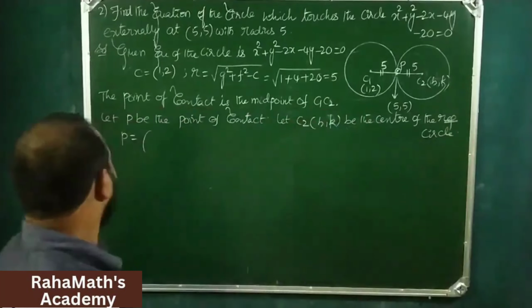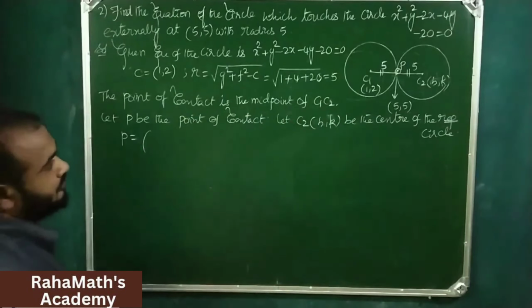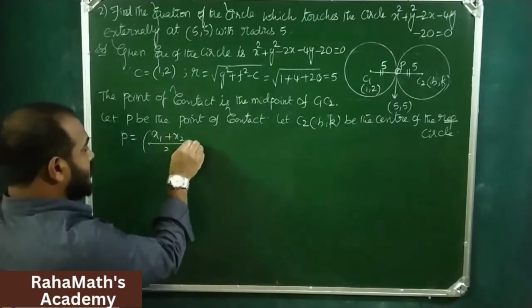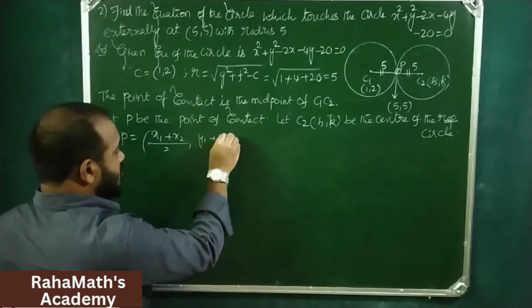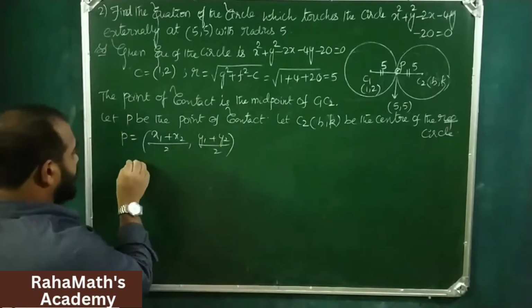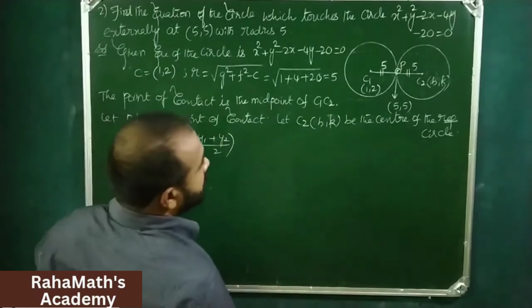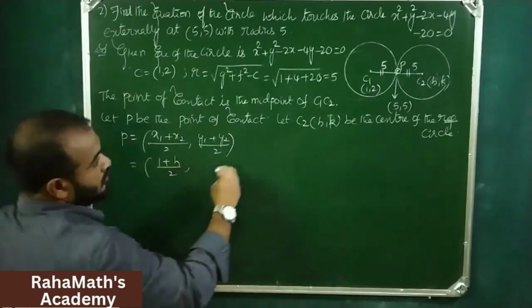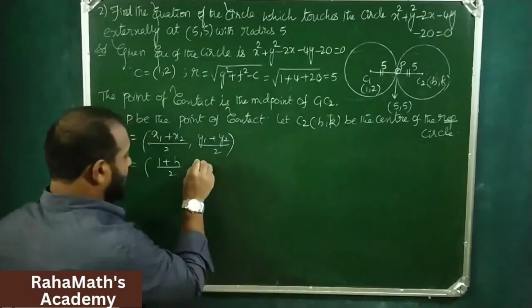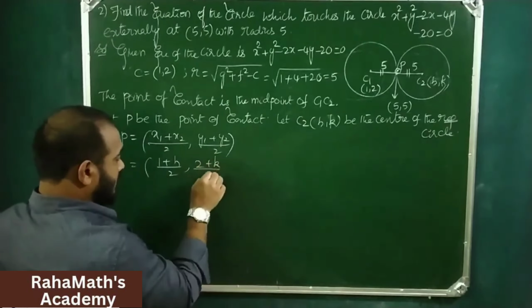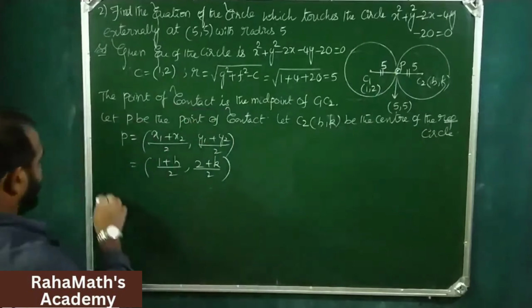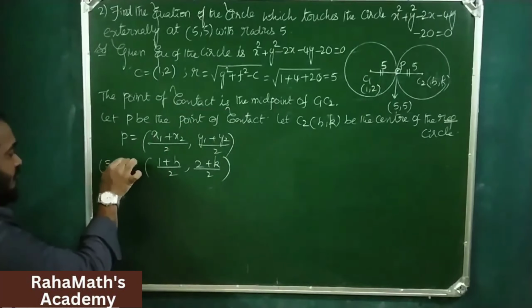Then P is equal to x1 plus x2 by 2, y1 plus y2 by 2, that is 1 plus h by 2, 2 plus k by 2, which equals the point of contact given, 5 comma 5.